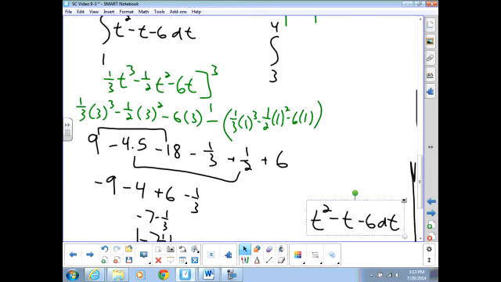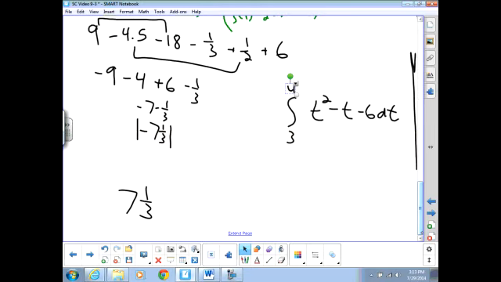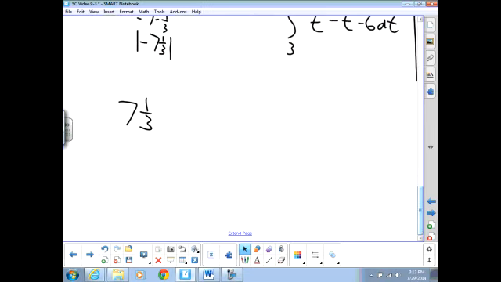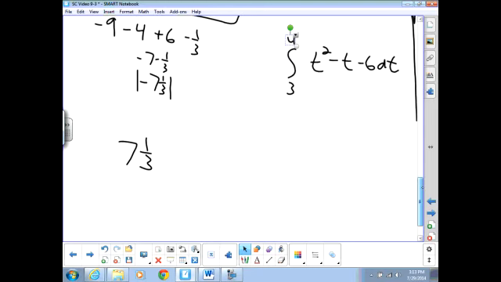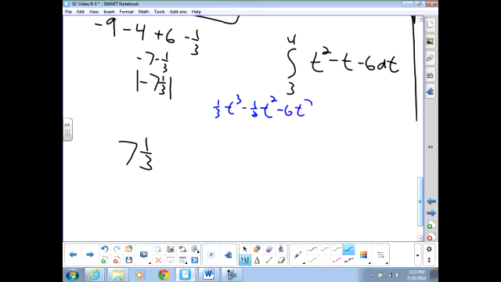We'll carry down our other one. Our antiderivative is the same. We'll have 1/3 t to the third minus 1/2 t squared minus 6t, this time from 3 to 4.